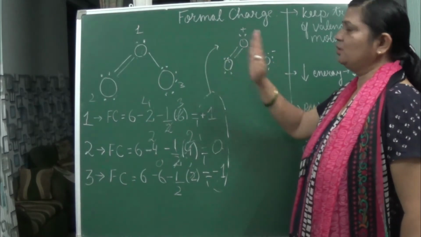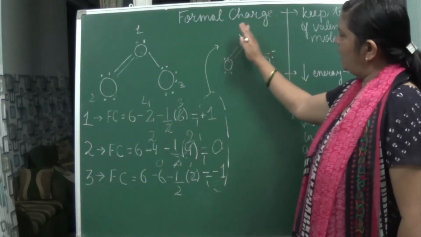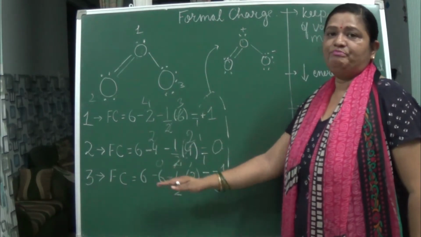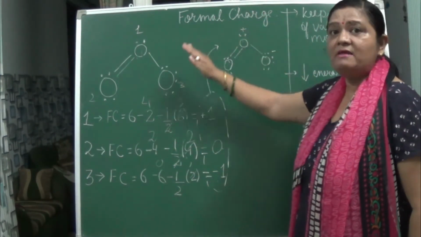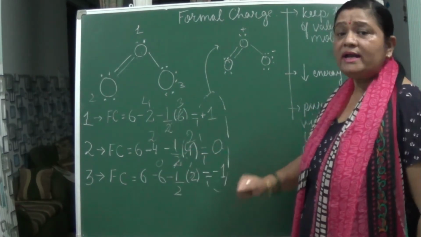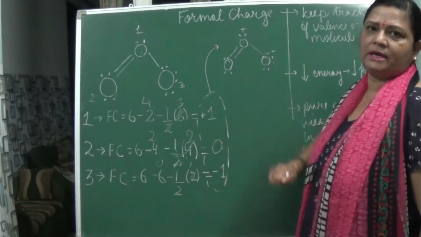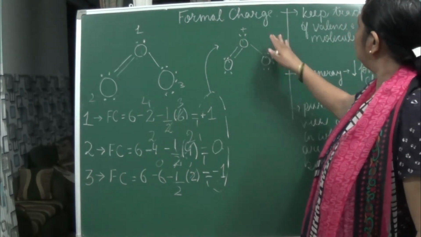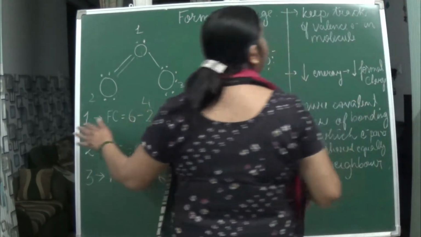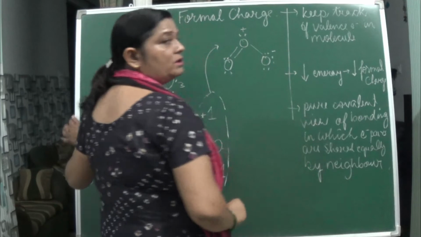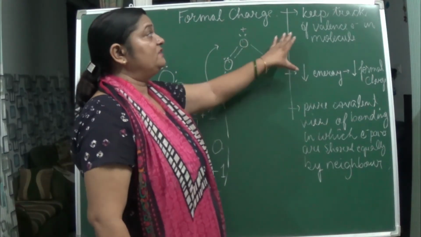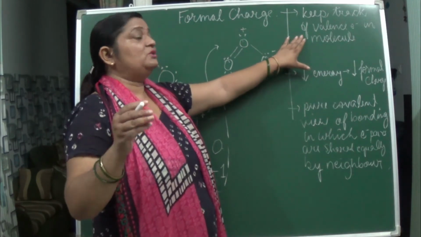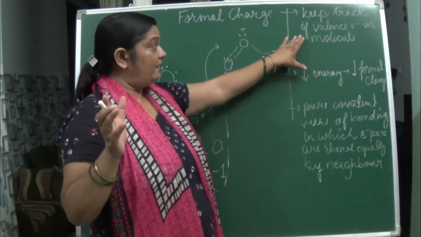Here 0, so nothing. Up till now we have seen what formal charge is and how it can be calculated. But what is the purpose of this formal charge? This formal charge keeps track of the valence electrons in the molecule, how many are there.